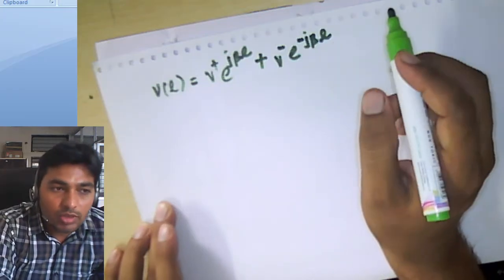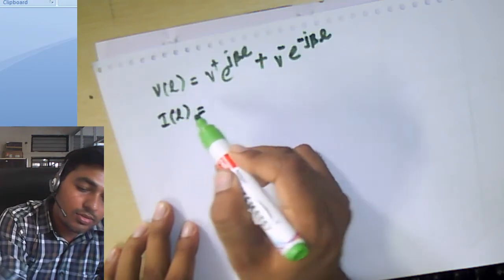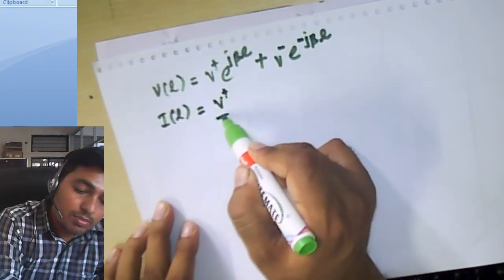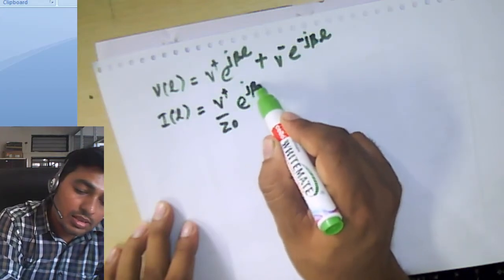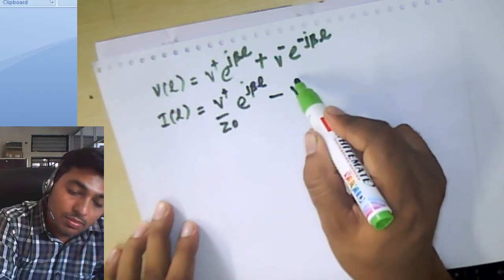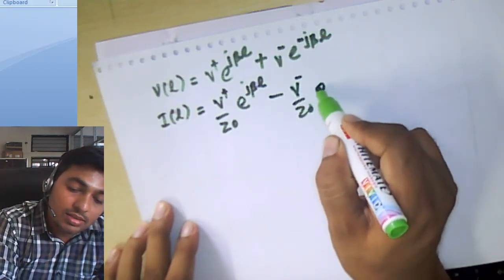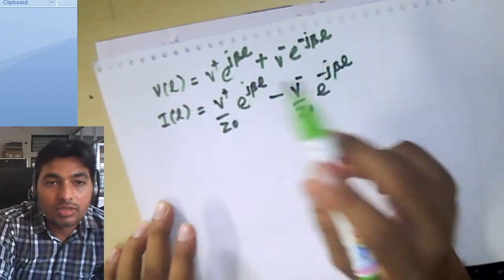For current we will have I(L) equal to V plus by Z0 e raised to jβL minus V minus divided by Z0 e raised to minus jβL. So this is for current.